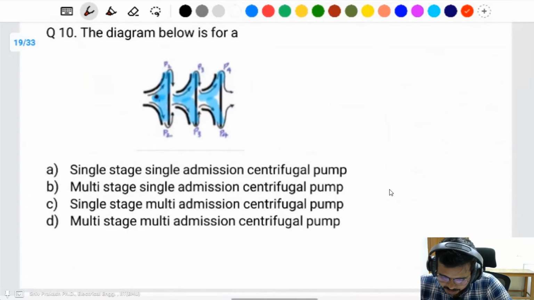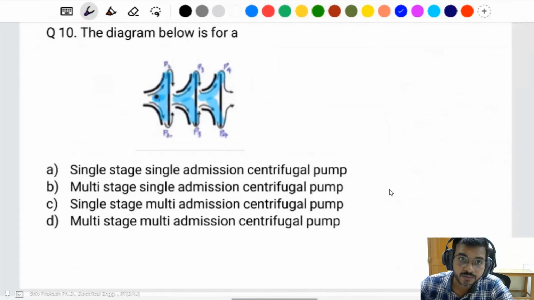The diagram is there. What is this one? A single stage, we have multi stage. This is the inlet, and the same water comes to the inlet, and this is the outlet.